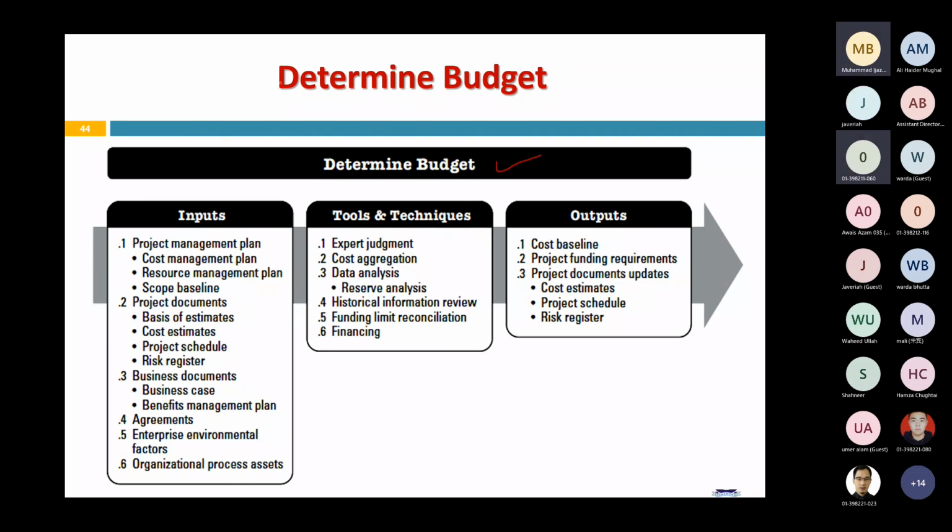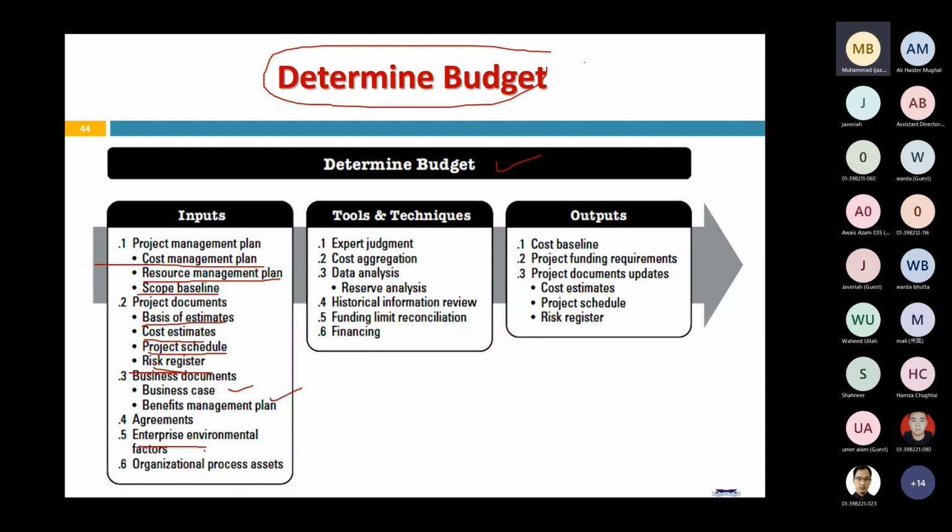Everything that we have studied up till now, like cost estimates, I'll tell you the syllabus through a text message. So for this determine budget process, we need to know the cost management plan, the resource management plan, and the scope baseline. Then we also consulted the basis of estimates, cost estimates, project schedule, risk register, and some business documents.